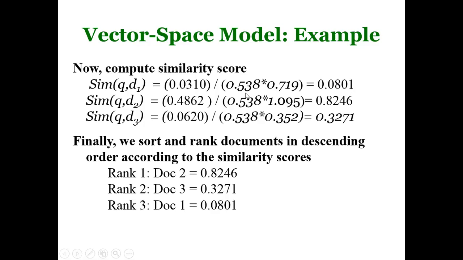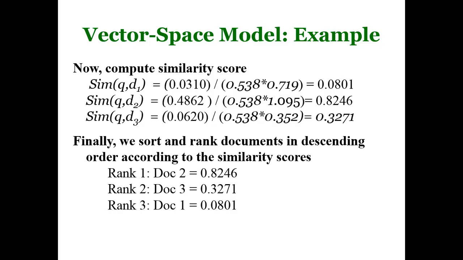The similarity between Q and D2: again, their dot product, summation of multiplying terms in the query against terms in D2, will give you 0.4862, divided by the length of Q, that is, the square root of the weight of term 1 in the query squared, plus the weight of term 2 in the query squared, plus all the terms in the query in terms of their weight squared, which gives the normalizer for the query, multiplied with the normalizer of document 1, document 2, and document 3.